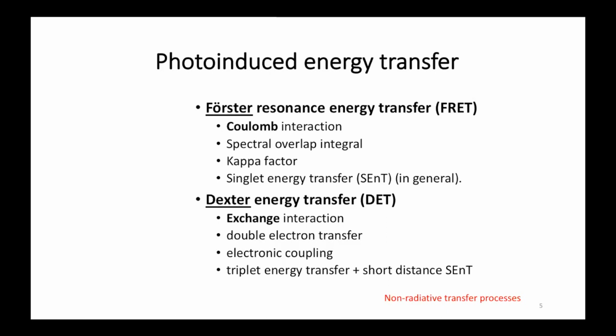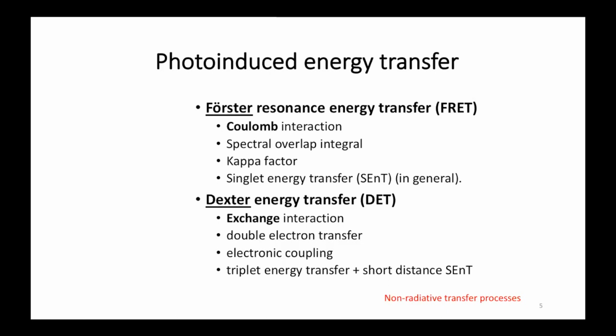So it's the overlap of the emission of the donor and the absorption of the acceptor. There's also the kappa factor, which is actually the orientation of the two transition dipole moments involved in the process. Now, the Förster energy transfer is mainly important for singlet energy transfer.